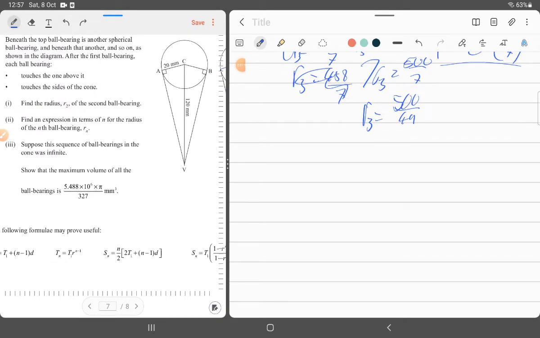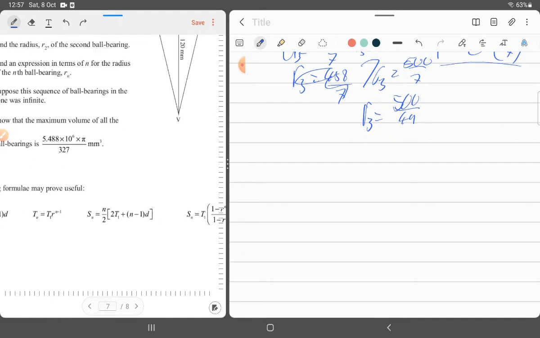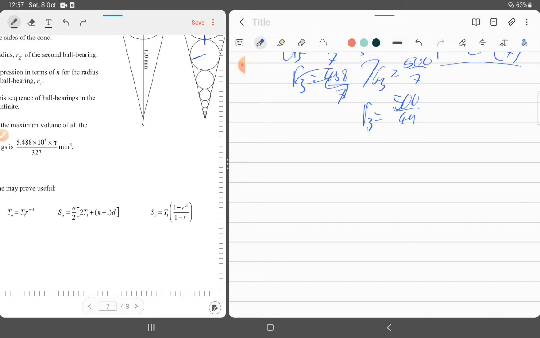Suppose the sequence of ball bearings in the canvas is infinite. Show the mix of all of the ball bearings is this, so this equals 1 minus r. I think, wait, what was this? Sum to infinity just 1 over 1 minus r?